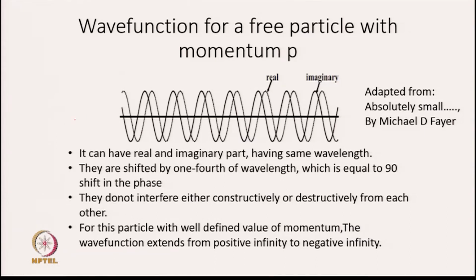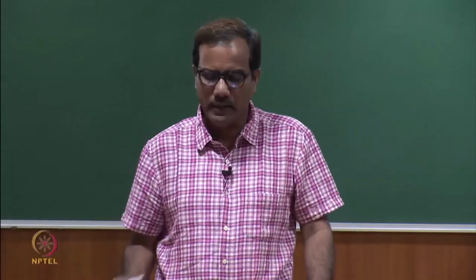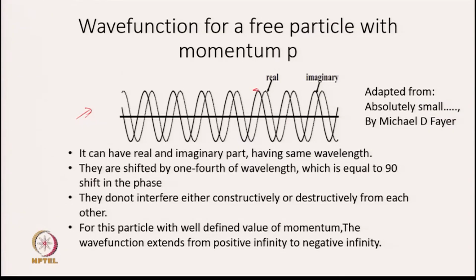A wave can have a real and an imaginary part having the same wavelength, shifted by 1/4 of a wavelength, which is equal to a 90° shift in phase.